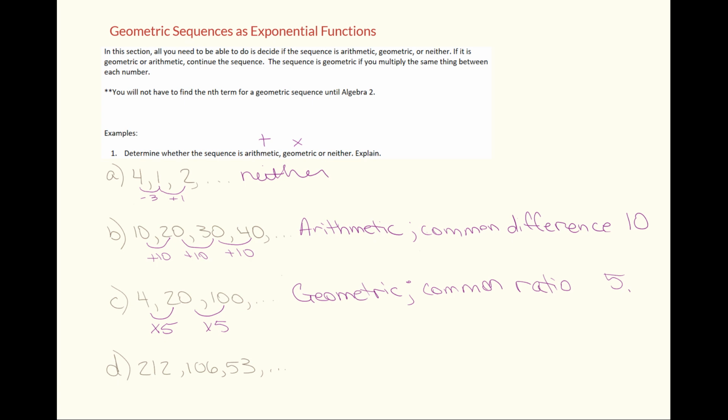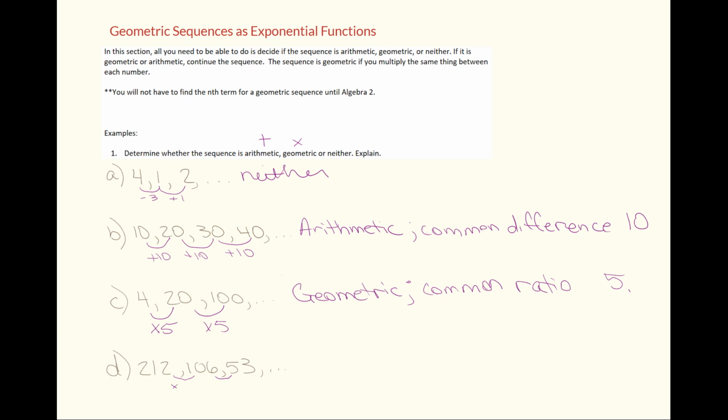In this last one, D, we've got 212 to 106. So I'd be subtracting 106, or a lot of my students say dividing by 2, but you have to remember we're not dividing. We always multiply with geometric. So if I'm dividing by 2, what is that multiplying by?